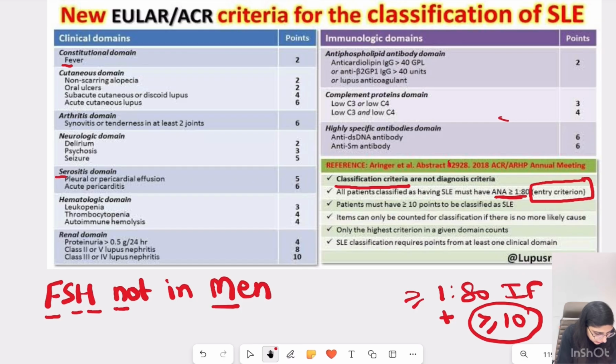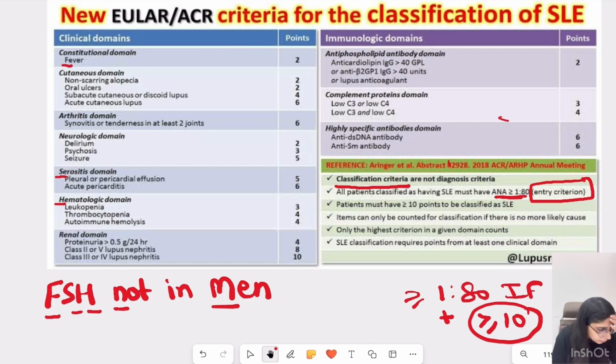So serositis. Serosa is the layer around the lungs, like pleura, pericardium, peritoneum. These are the serosal layers. So serositis. H stands for hematologic domain. Hematologic means leukopenia, thrombocytopenia, and autoimmune hemolysis.